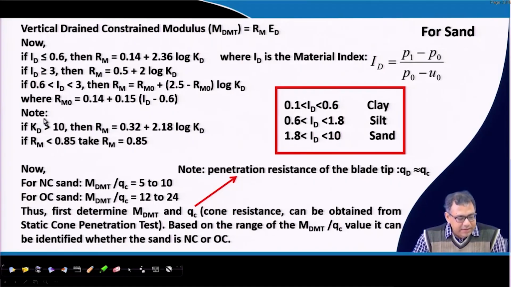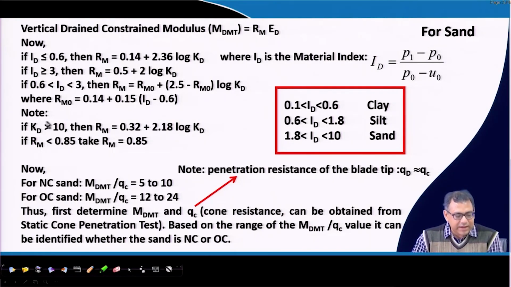Now, note that these are based on the ID, but there are two special cases. Suppose your KD is greater than 10, then you directly use this expression for RM, and the ID classification or different types of ID are not required.